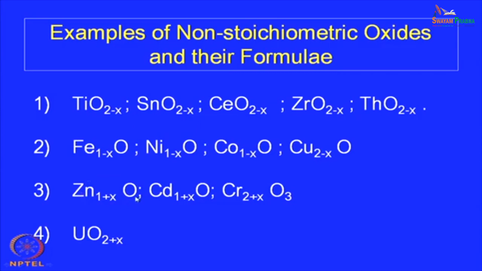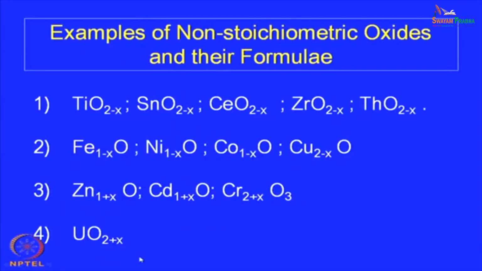These are oxygen deficient oxides like the first category, less oxygen is there, but in the first case the oxygen deficiency is because of oxygen vacancy, and in this case oxygen deficiency is because of metal interstitials. So, one has to understand which particular point defect is giving rise to what kind of non-stoichiometry, and that tells us a lot about its properties and behavior.